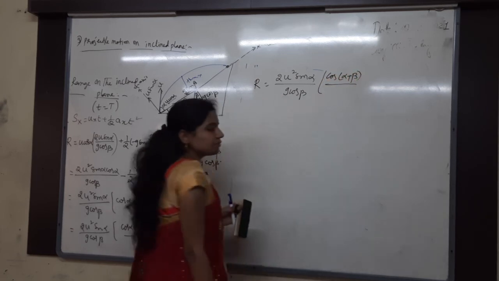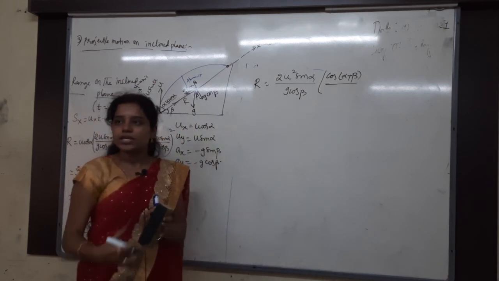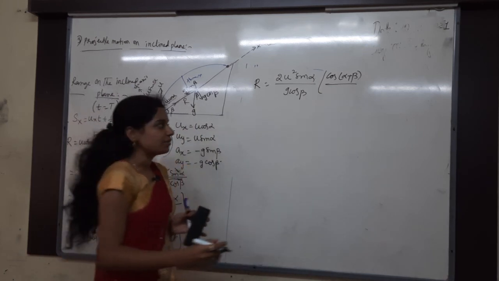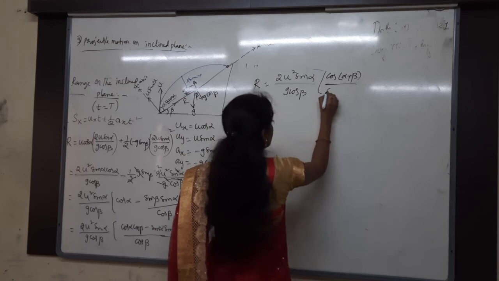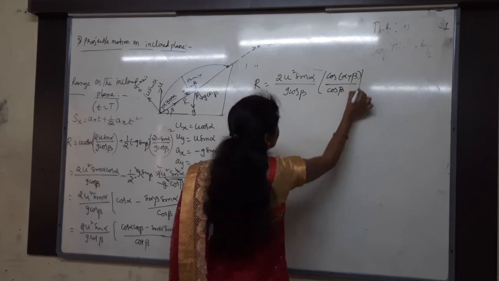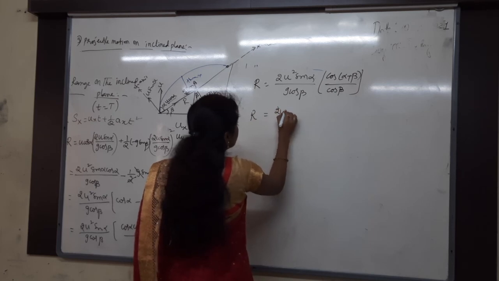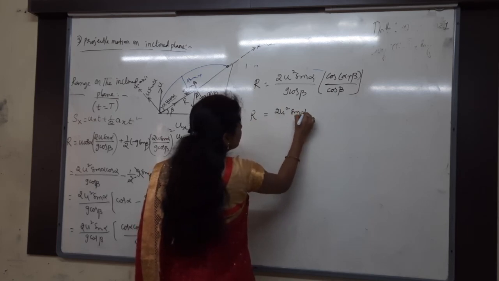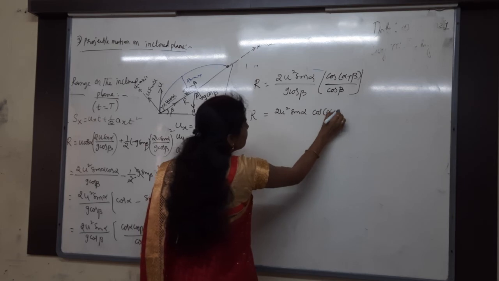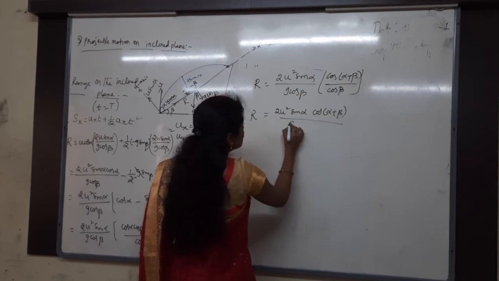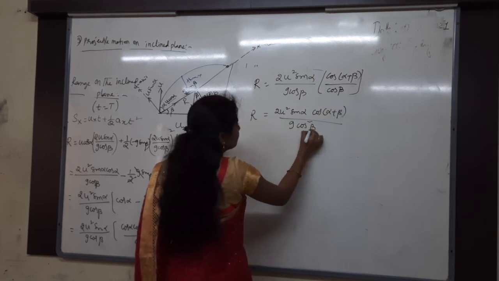Why? Because that is in the form of the cos A plus B formula: cos A cos B minus sin A sin B. And also what is remaining here? Cos beta is remaining. Then the total range will be 2u square sin alpha into cos alpha plus beta by g cos square beta.